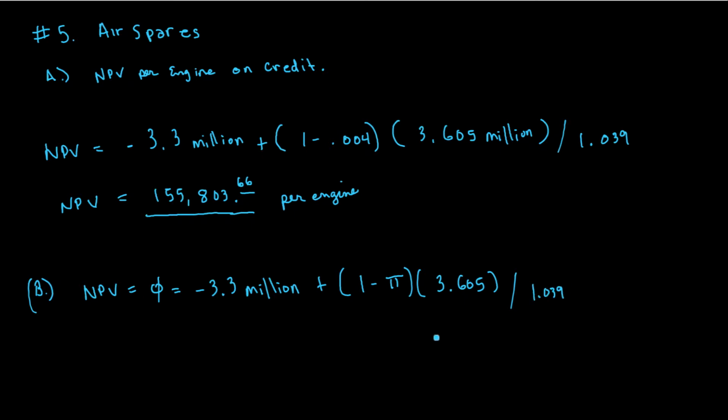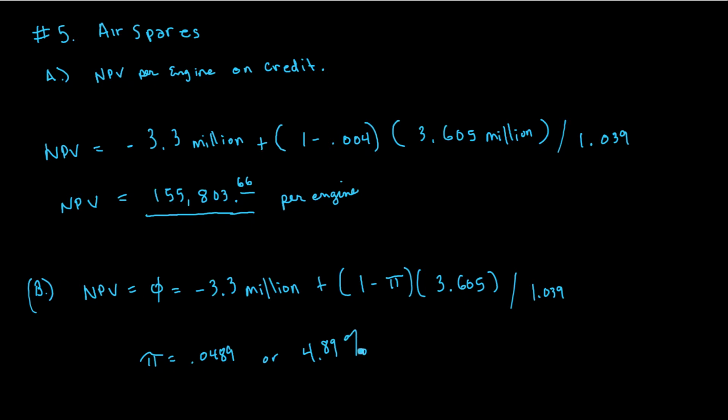And we go ahead and run the numbers. We see that pi ends up equaling 0.0489, or 4.89%. Okay?